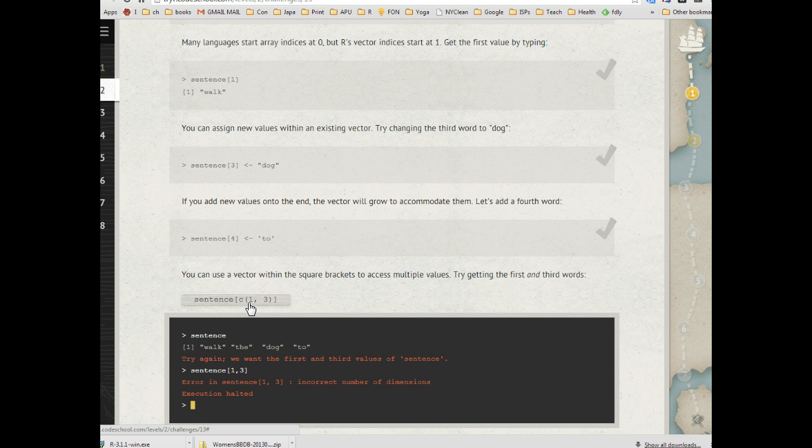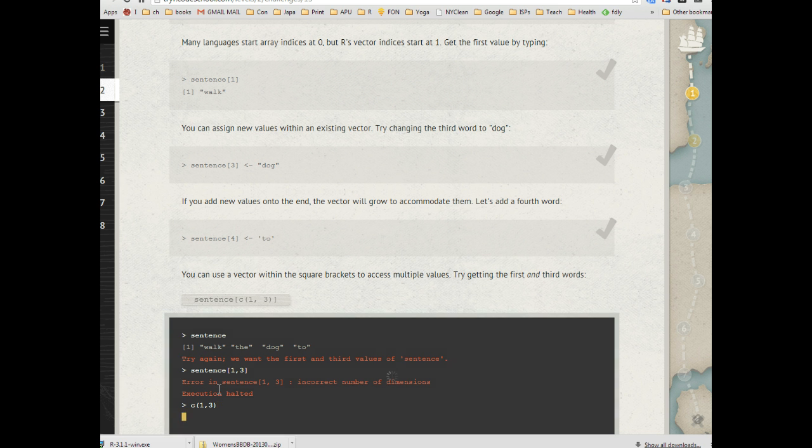Now you might think that I just wrote the same vector right here, so why can't I do it? Because this is just giving me what? If I just typed it in, I don't know if this works in this interface, but let's see. Yeah, that just gives me 1, 3. So why can't I just type in 1, 3?